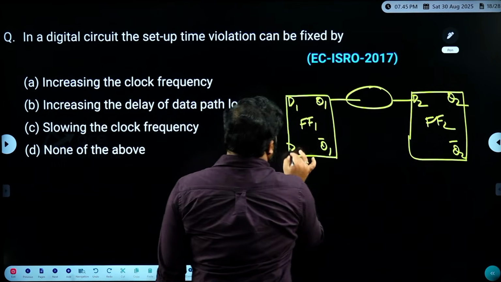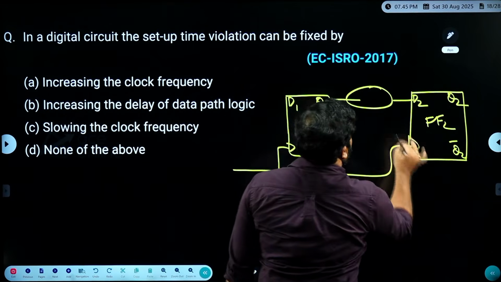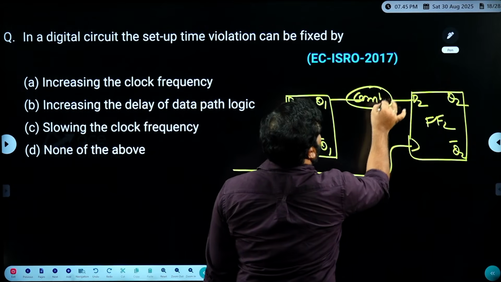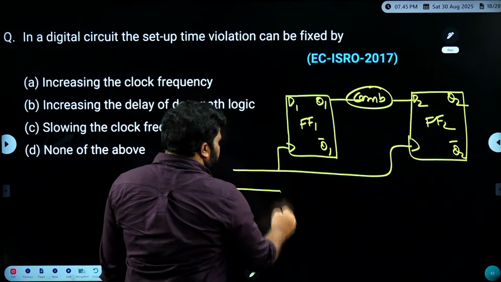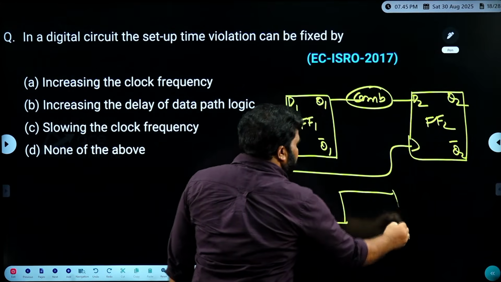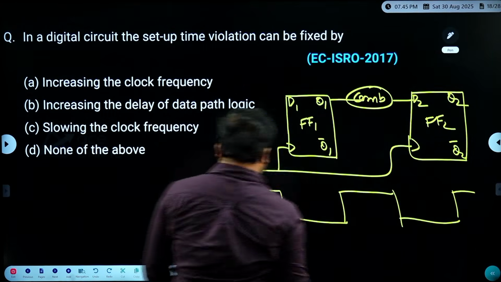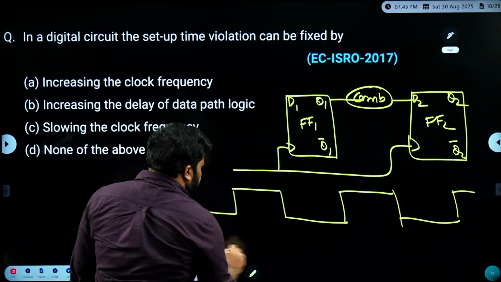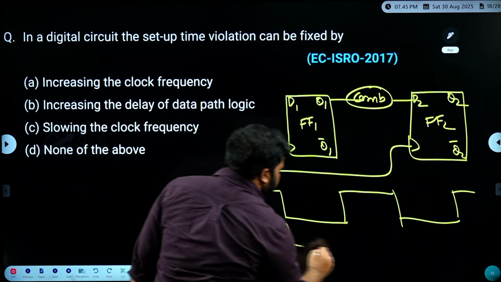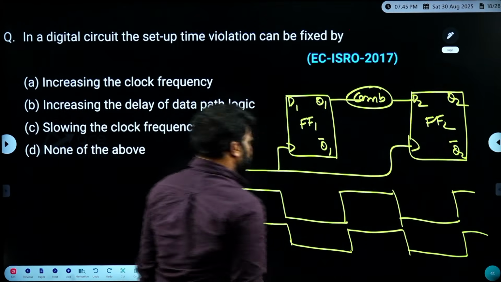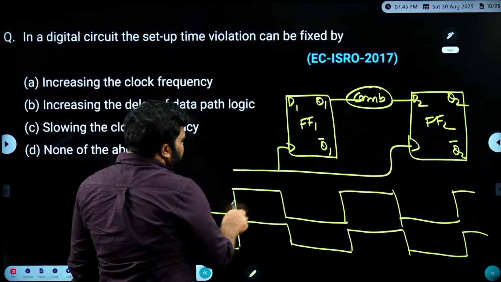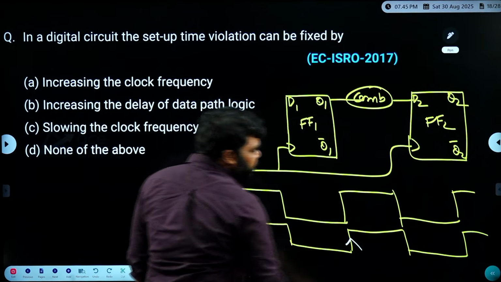These two are synchronously clocked. As per our discussions, if it is launching here, it must be capturing here.